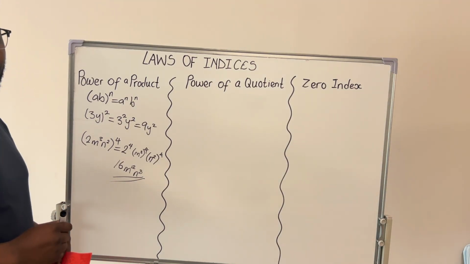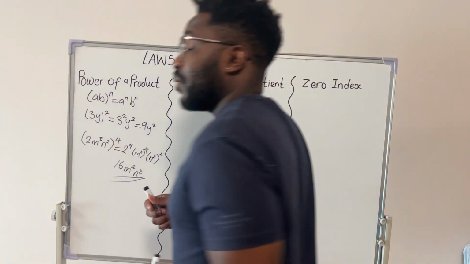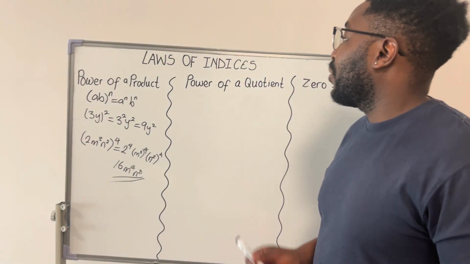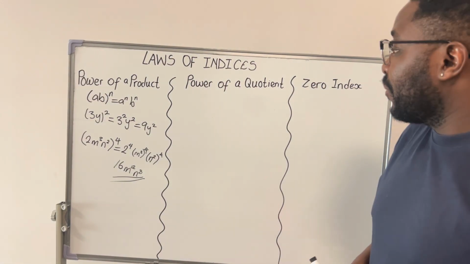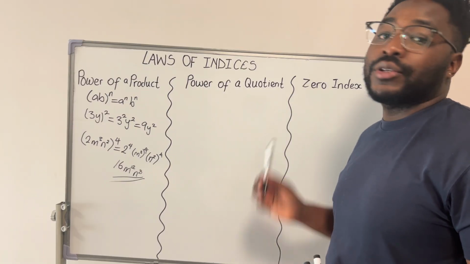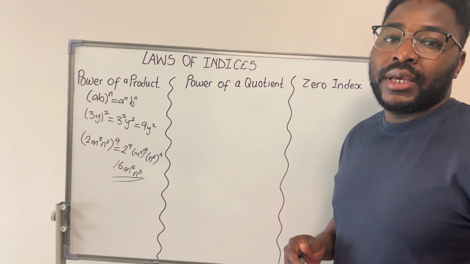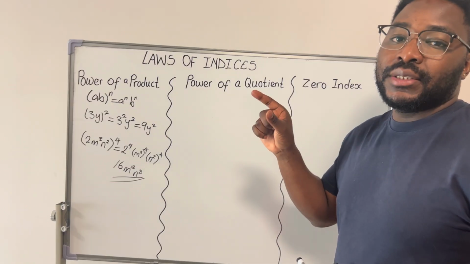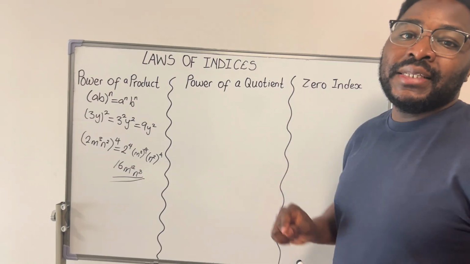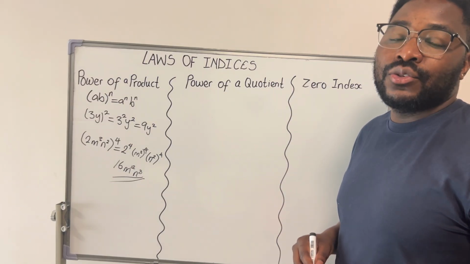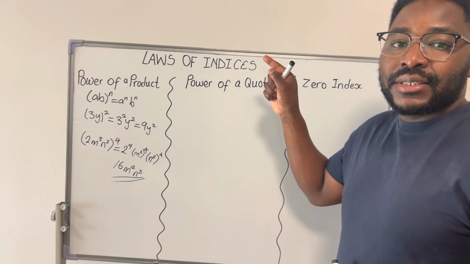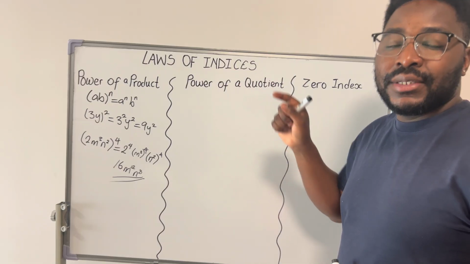Let's look at the second law of indices we're learning today, which is the power of a quotient. And what does it state? The power of a quotient states that if you have a quotient raised to a single index, you have to distribute the index to the numerator and denominator.